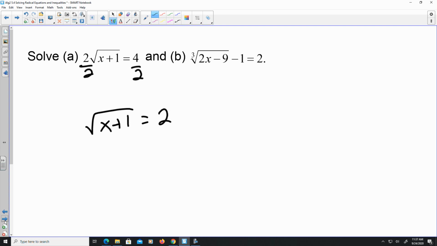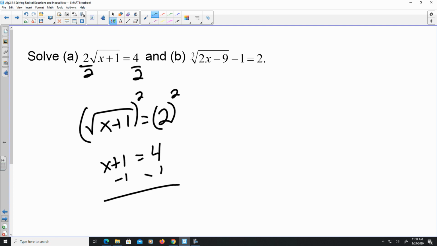Now I'm going to square both sides, because squaring both sides of a radical cancels each other out, so now I just have x plus 1. And then 2 squared is 4. Subtracting 1 from both sides allows me to solve for x, and that means I get 3.